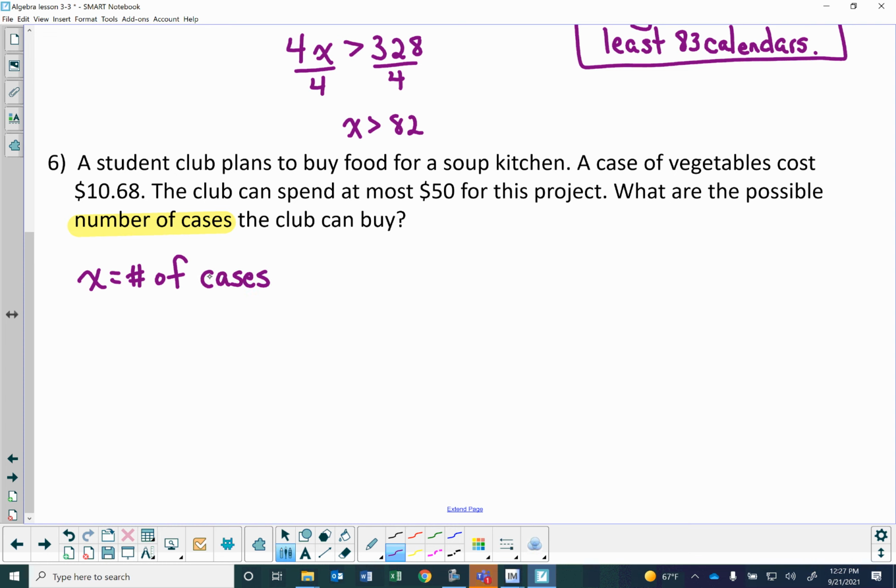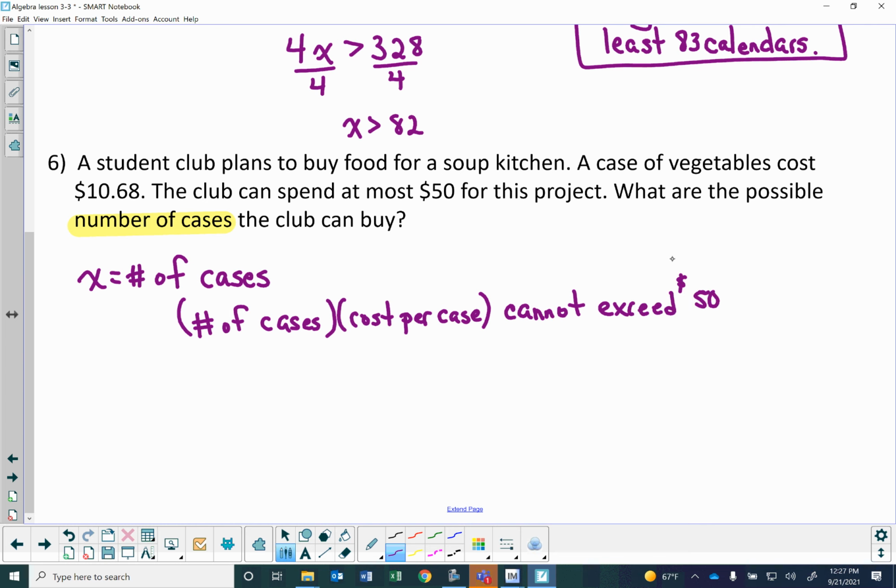So I know that the number of cases multiplied by the cost of each case cannot exceed $50. Because I only have $50.